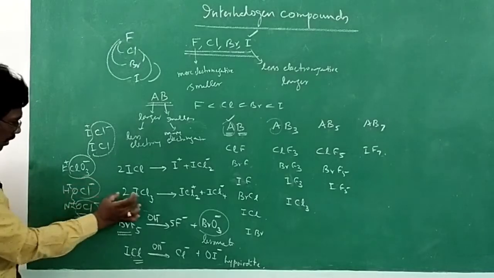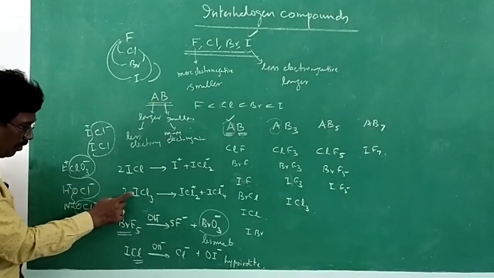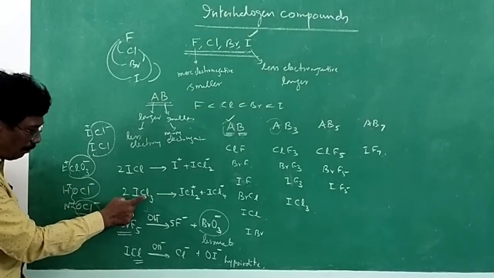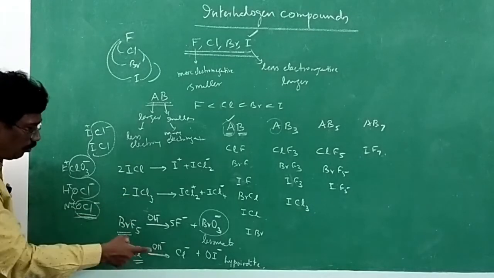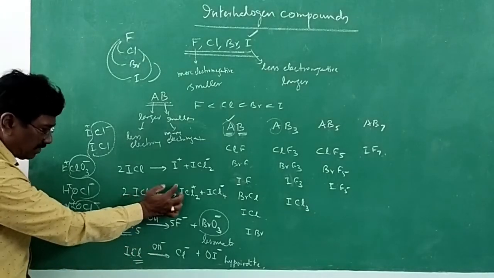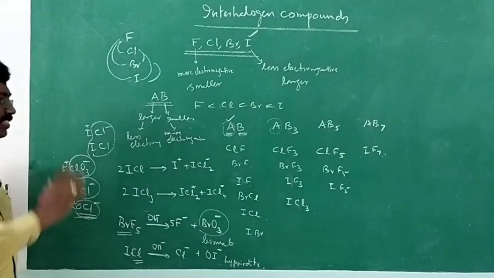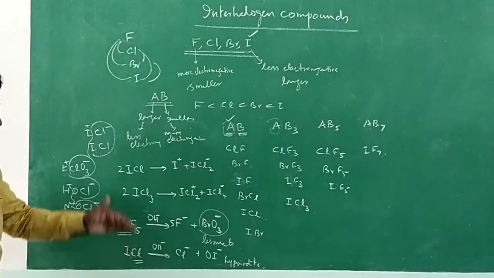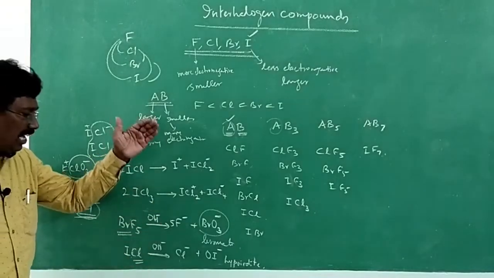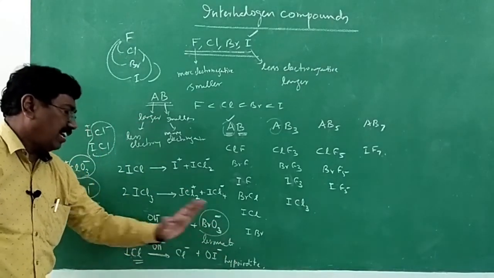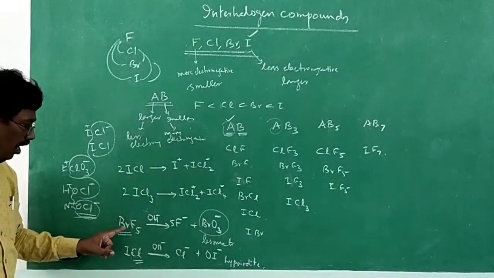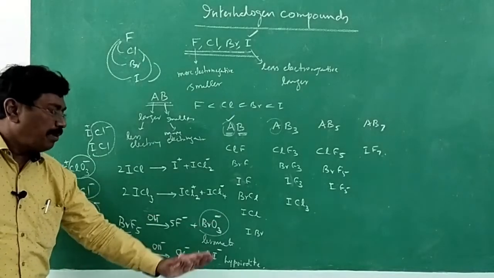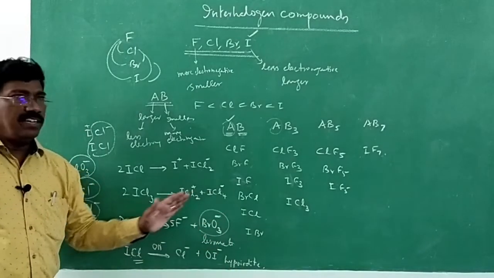Likewise here, ICl3, 1 Cl minus is being removed, therefore it becomes ICl2 plus, and that Cl minus gets attached with another molecule to give ICl4 minus. In the presence of alkali, they may form halide ion and hypohalite or halate. Usually, the smaller one will be halide, the larger one will be hypohalite or halate.